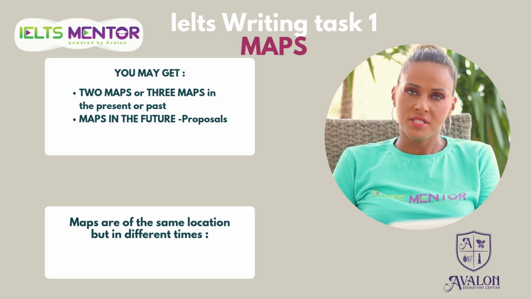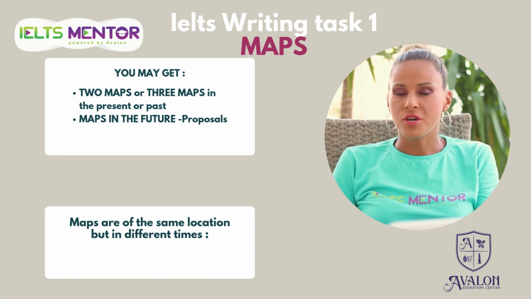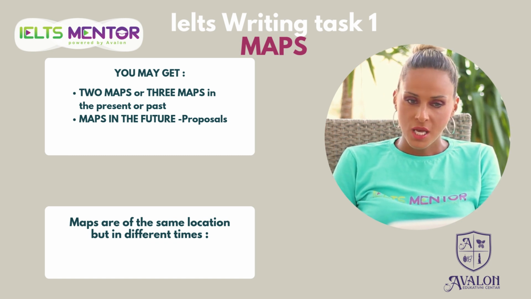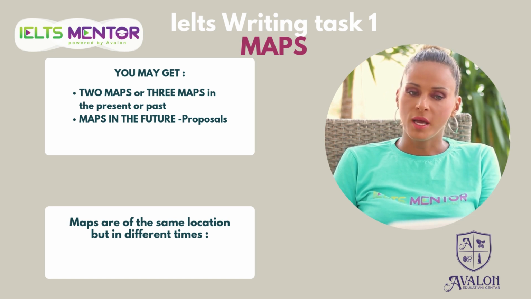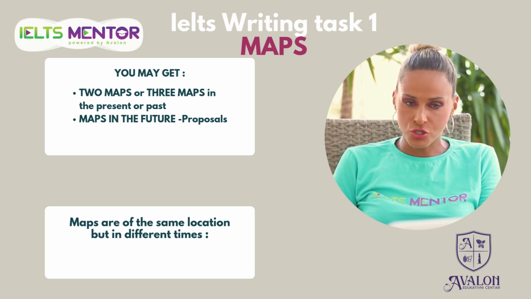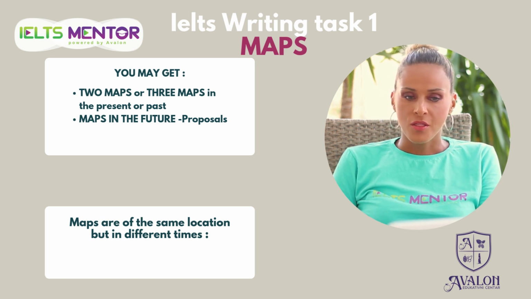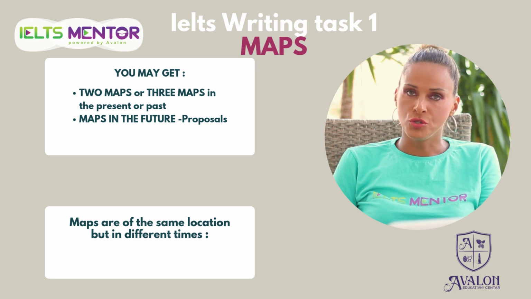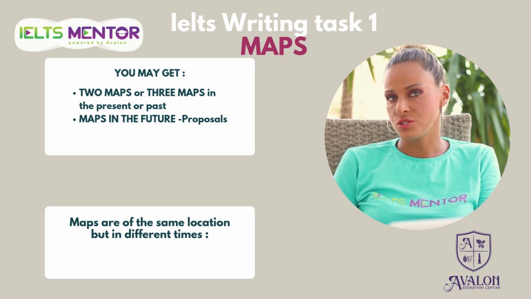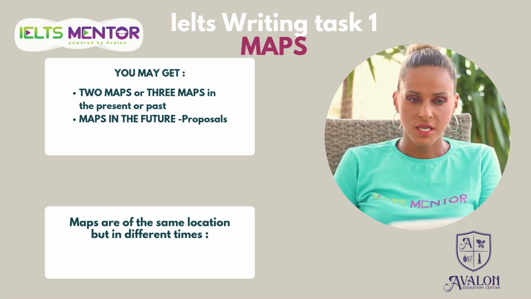Usually, 1 map is in the past, while the other is in the present. However, it is possible that you will get both maps in the past. You might also get maps which show proposals for the future, such as a redevelopment scheme. Therefore, it is important to use the proper tenses to describe these changes.